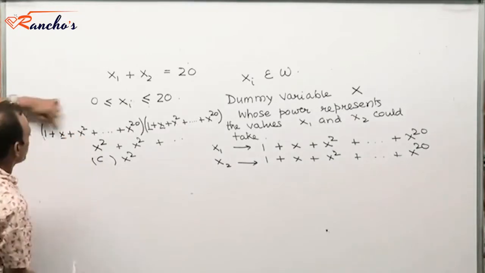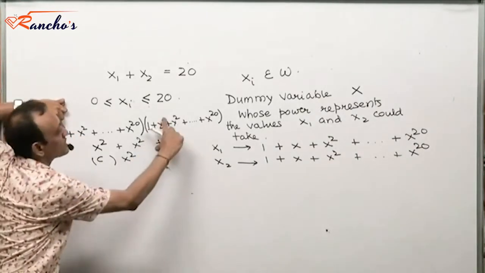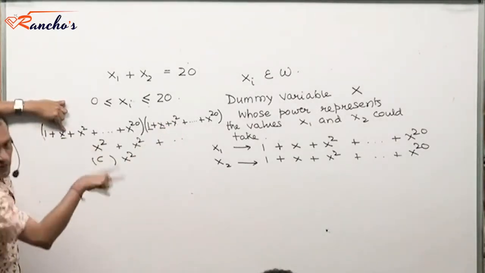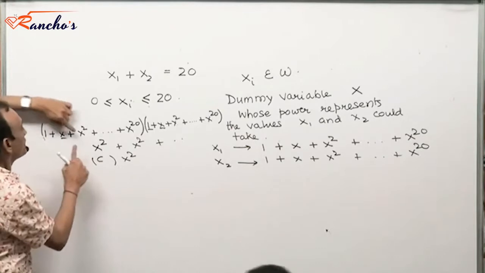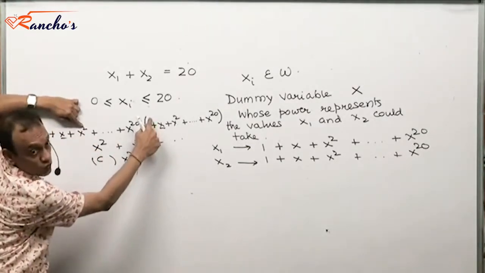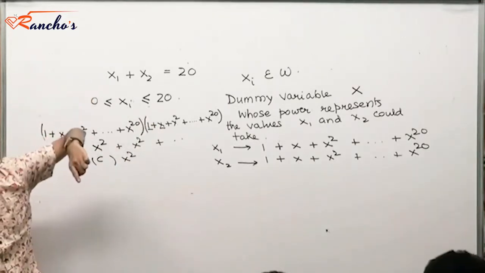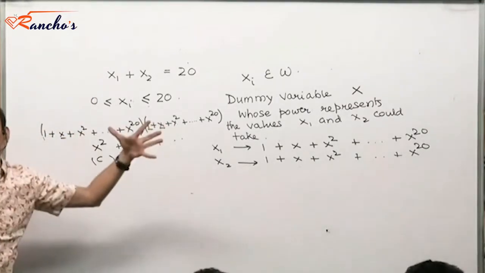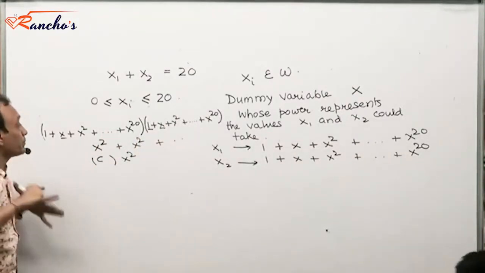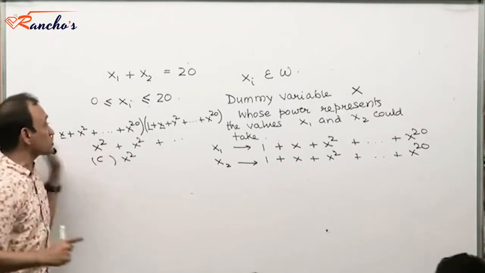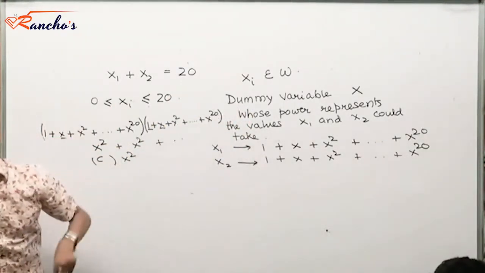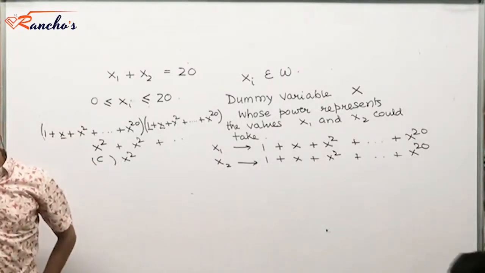The powers here, for example x1 plus x2, add up to 2. That's one way. Then there is x squared into 1, that means when x1 is 2 and x2 is 0. That's another way x1 and x2 add up to 2. So the coefficient of x squared in this multiplication will give me the number of ways in which x1 and x2 add up to 2. Yes or no?